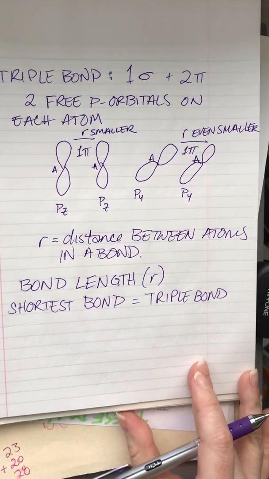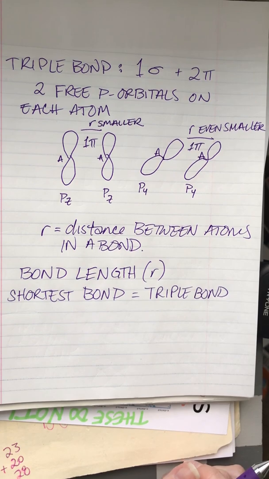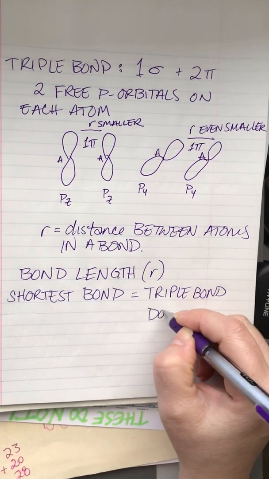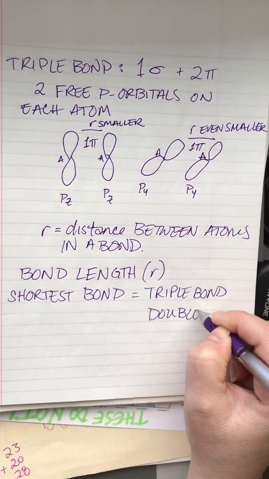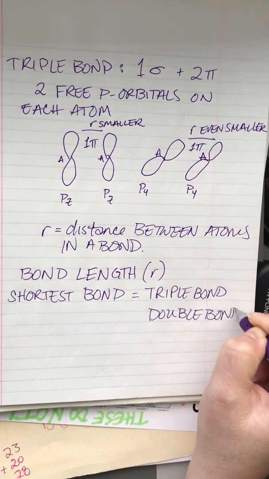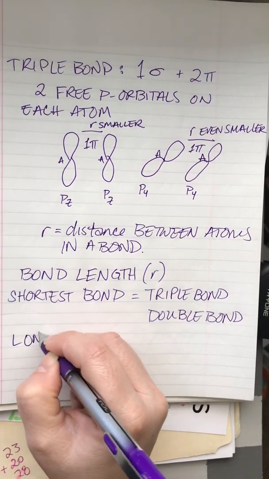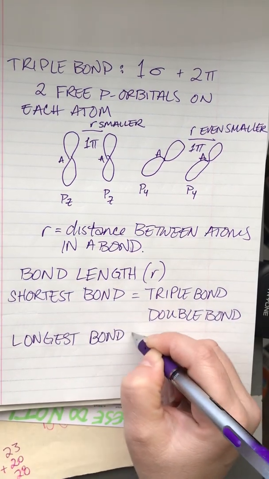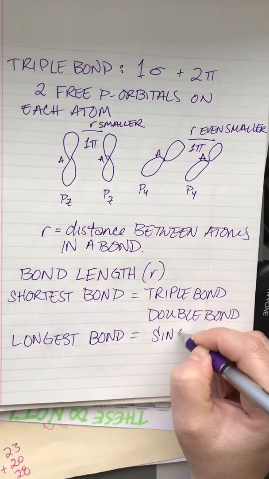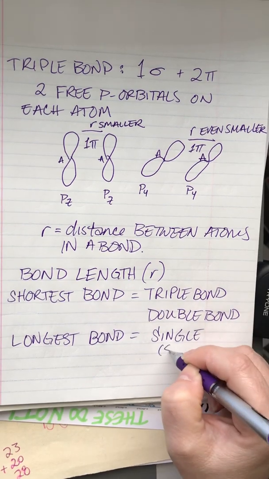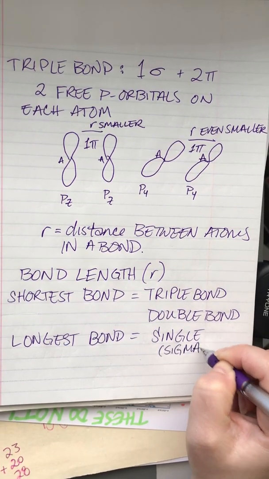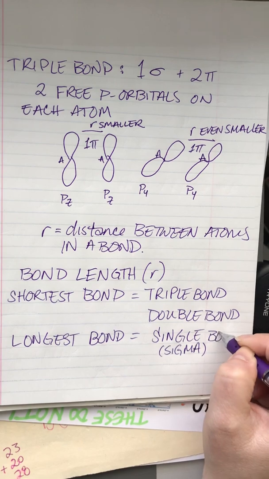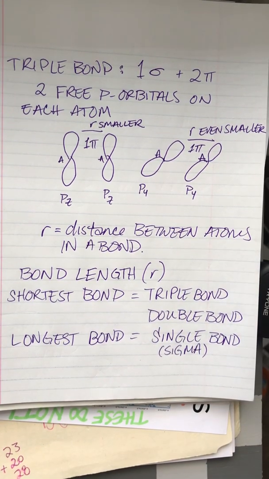Then you've got a double bond, and then the longest bond is a single or sigma bond.